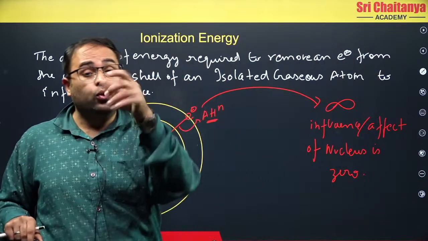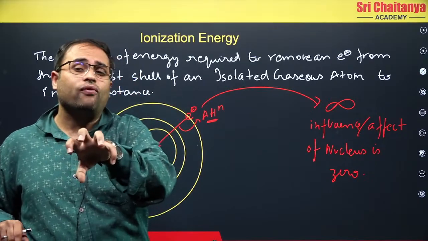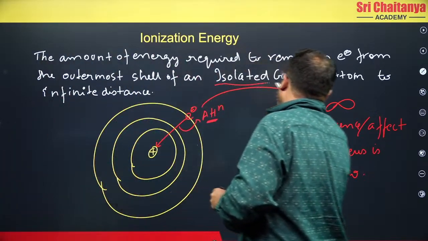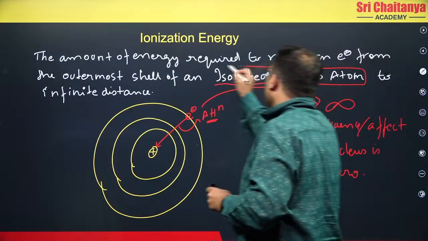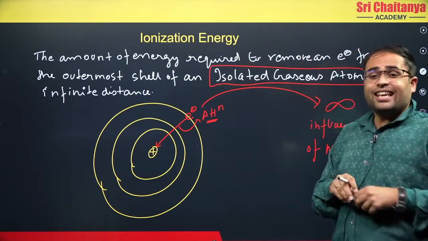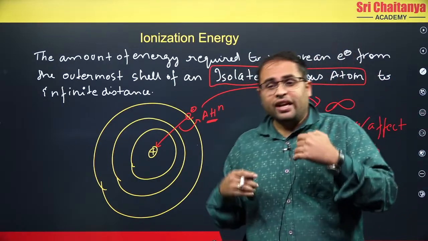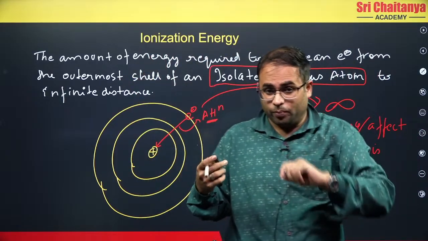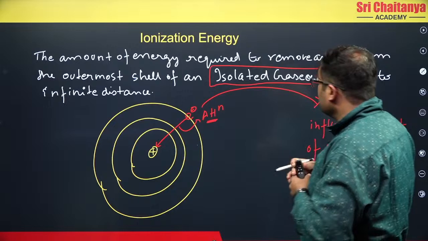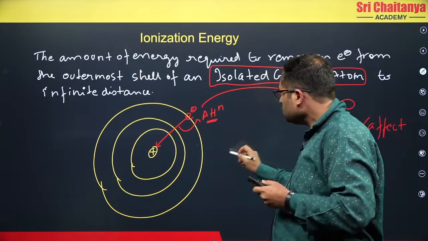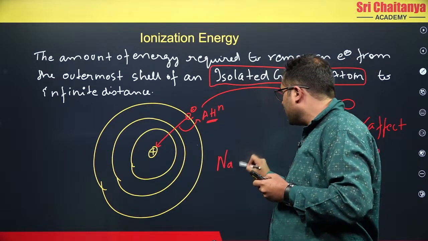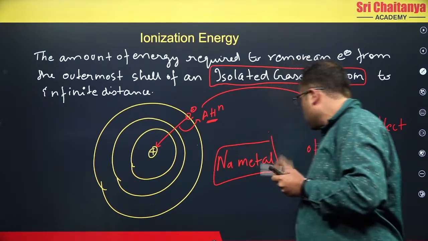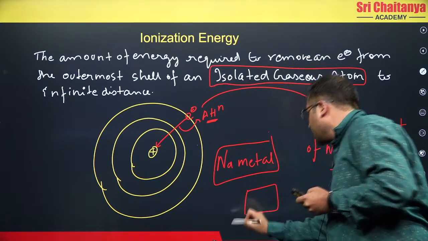Moving forward to what kind of atom? The atom is an isolated gaseous atom. Isolated means alone, gaseous means in the gaseous state, and an atom. So what I am trying to say is that if you have sodium metal, suppose you have a piece of sodium metal like this.